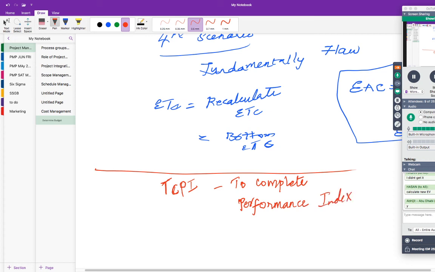Okay. So what is the meaning of this? For example, what do you mean by to complete performance index? What is CPI? CPI is cost performance index. Here it is to complete performance index. So this is like in what rate you have to go.